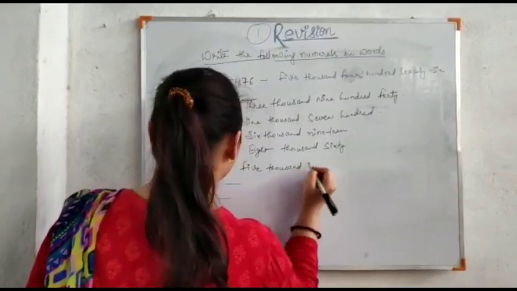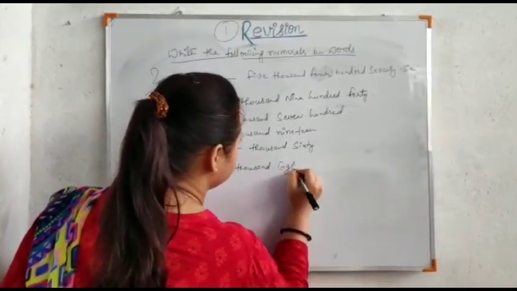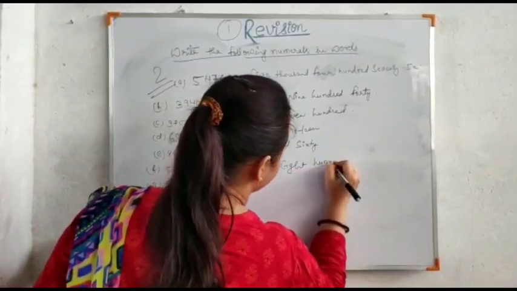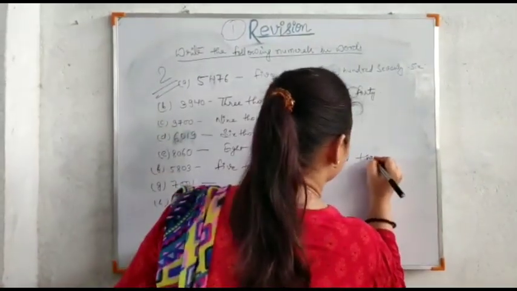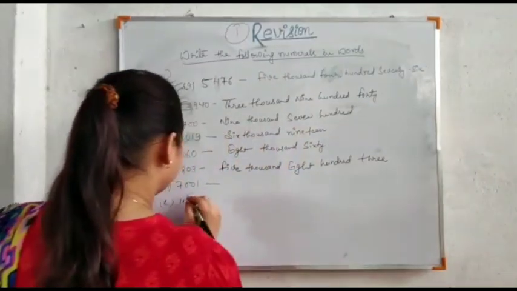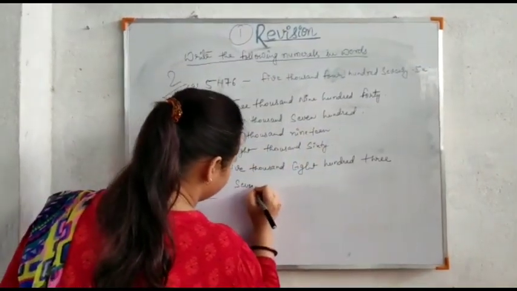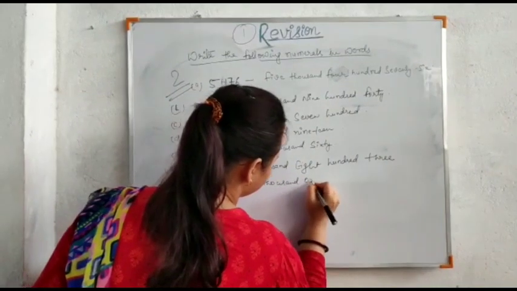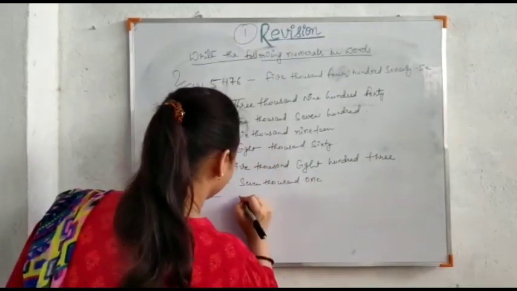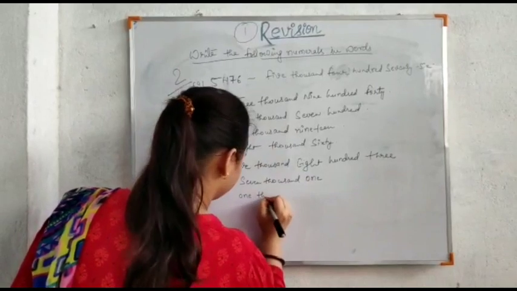800, 803. Next is 7001. Next one is 1011.